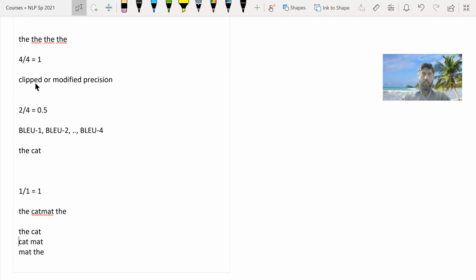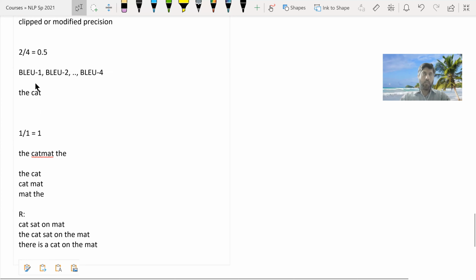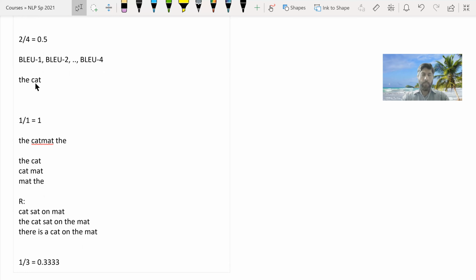"The cat" does occur. "Cat met" does not occur. "Met the" does not occur in "cat sat on the mat" or "there is a cat on the mat". There is no such bigram. So basically this is going to be 1/3. There are 3 generated bigrams, and only one of them occurs in your references.